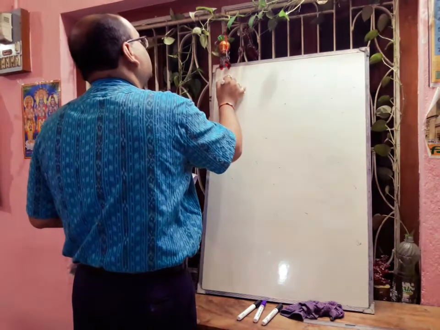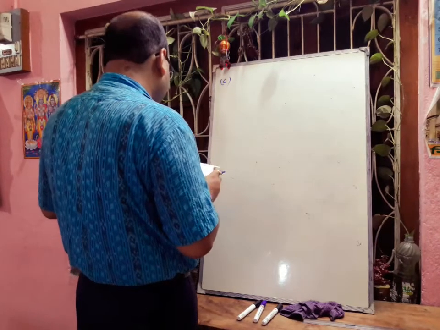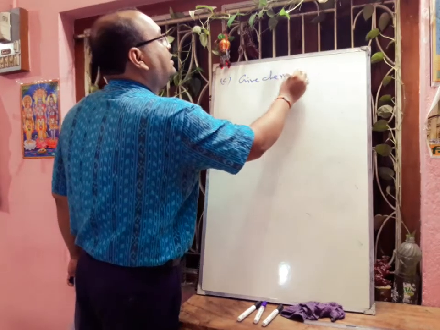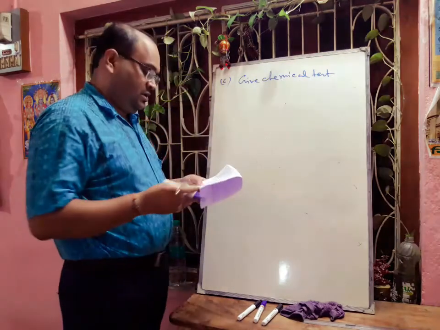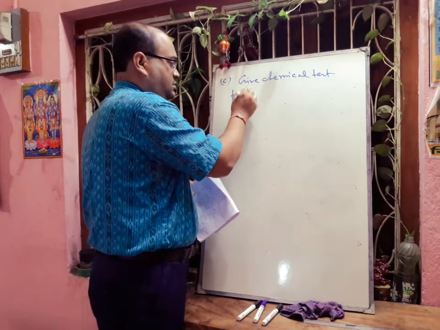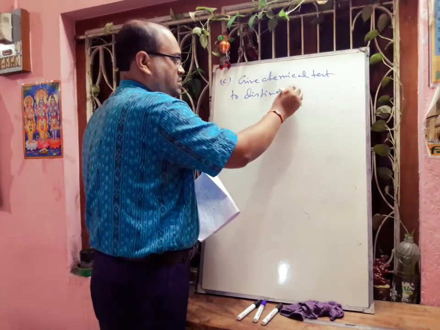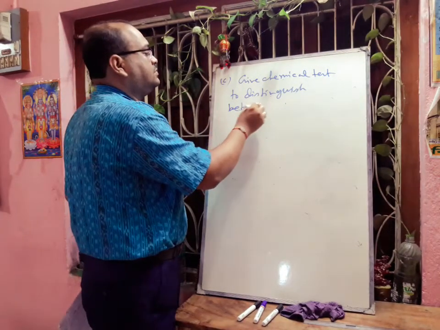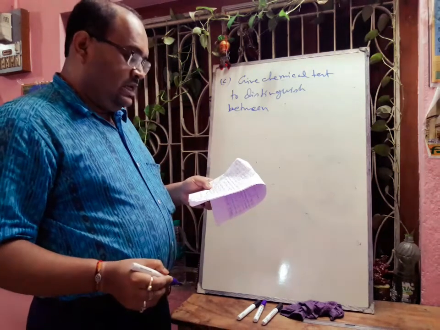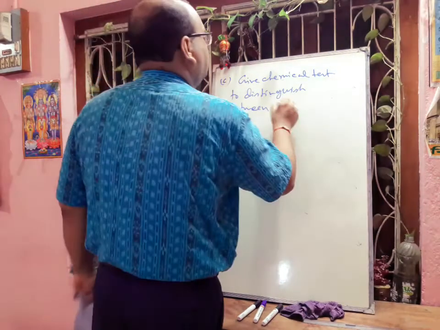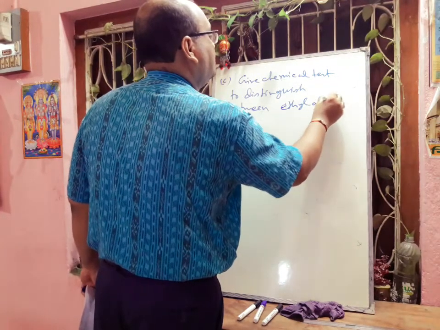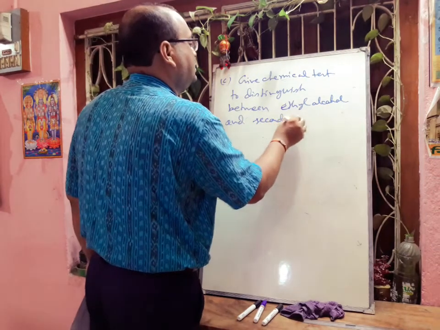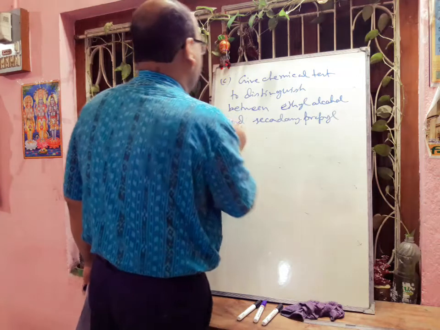Question number C in the year 2017: give a chemical test to distinguish between ethyl alcohol and secondary propyl alcohol.